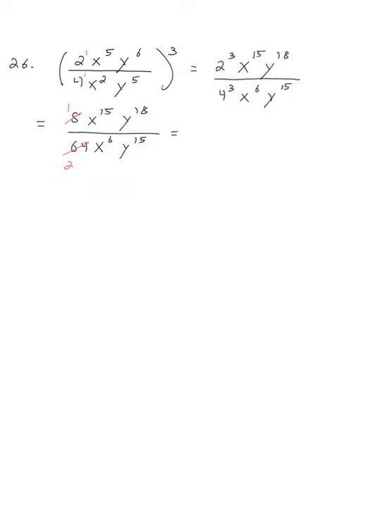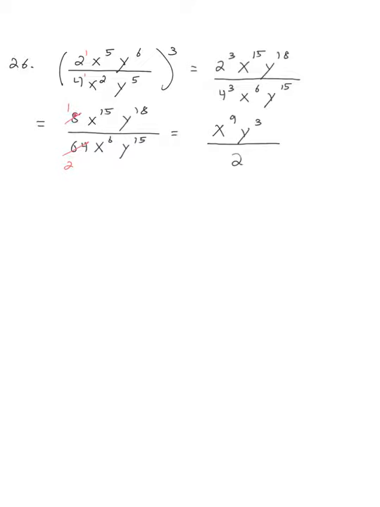I don't need to write this 1 in the numerator, but the 2 definitely has to stay in the denominator. At the same time, when comparing the x's, I'm going to subtract 6 from 15, as well as 15 from 18 for the y's. What this gives me is, we have x, 15 minus 6 is 9. We have y, 18 minus 15 is 3. The only thing left over in the denominator is the 2.